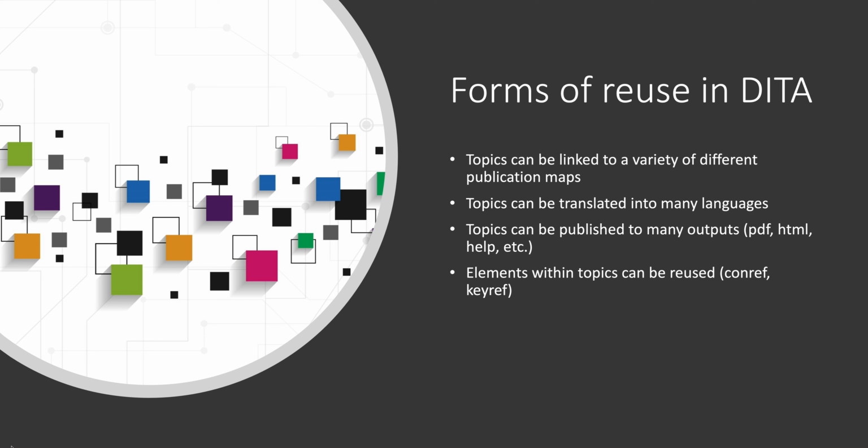Topics can be linked to a variety of different publication maps. We're going to have a slide that illustrates that in just a second. It's reused, and we've seen it a few times before. Topics can be translated into many languages. Topics can be published into many outputs. And elements within topics can be reused via the conref or the keyref functions.